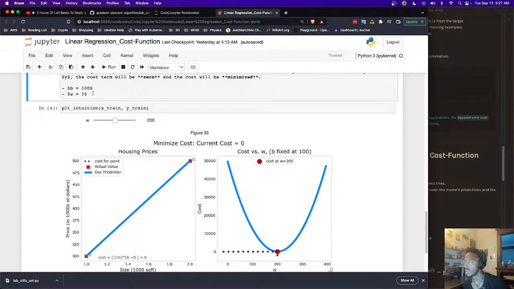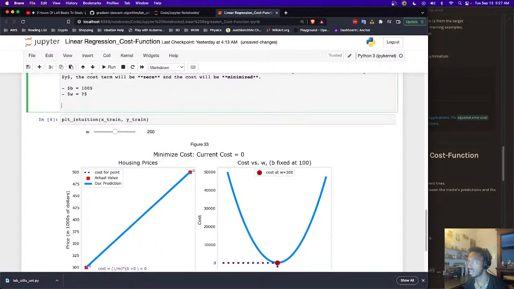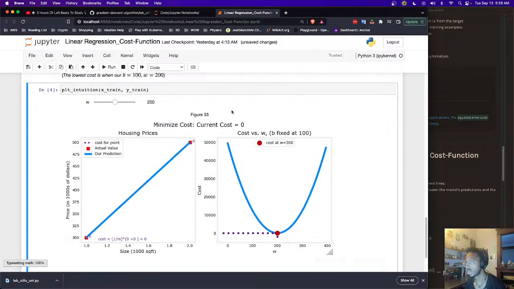I'm just going to make a side comment here: the lowest cost is at bias B equals 100 and W equals 200.